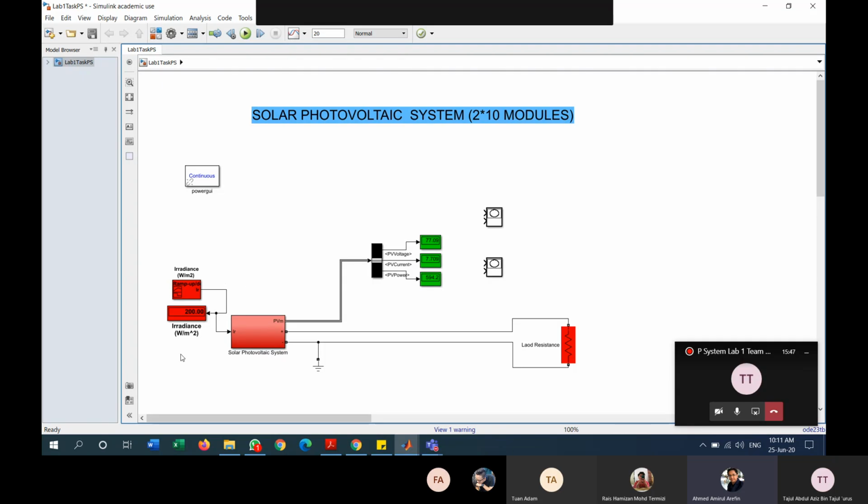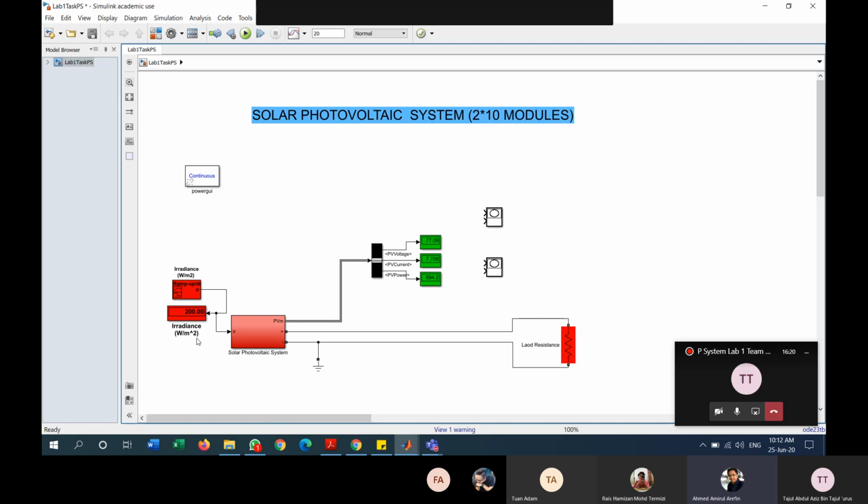So first we have to do the irradiance part. So basically what is irradiance? This is the input part. So irradiance is basically the light, sunlight, in which units your sunlight is falling onto your solar surface. So the unit is watt per meter squared.